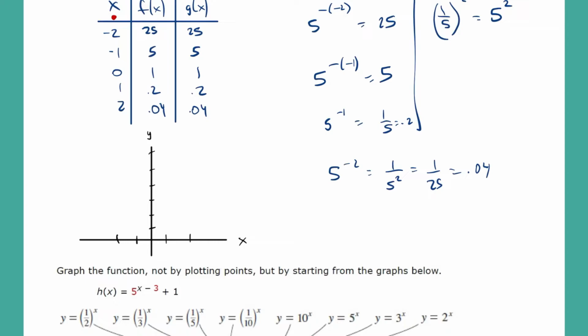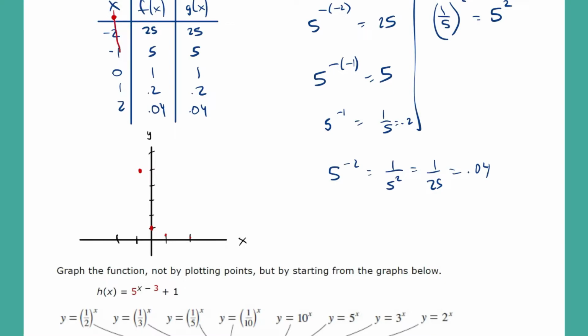And then when x is -1, the value is 5, so 1, 2, 3, 4, 5 right there. When x is 0, y is 1. When x is 1, the value is 0.2. And when x is 2, the value is 0.04, which is super close to 0.